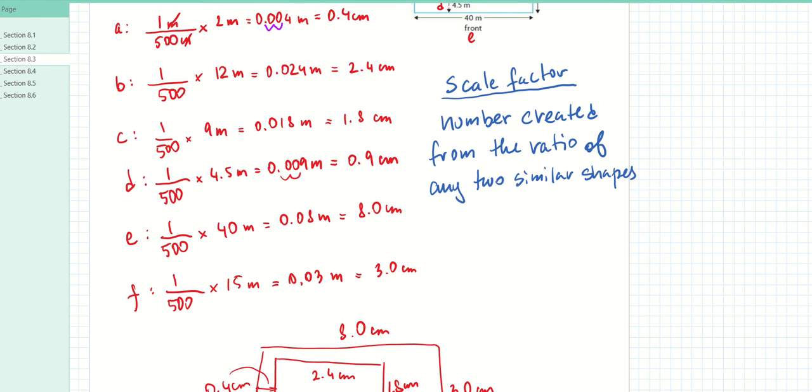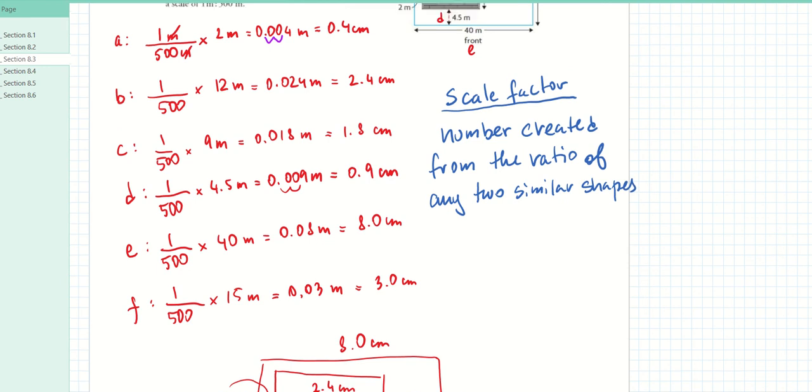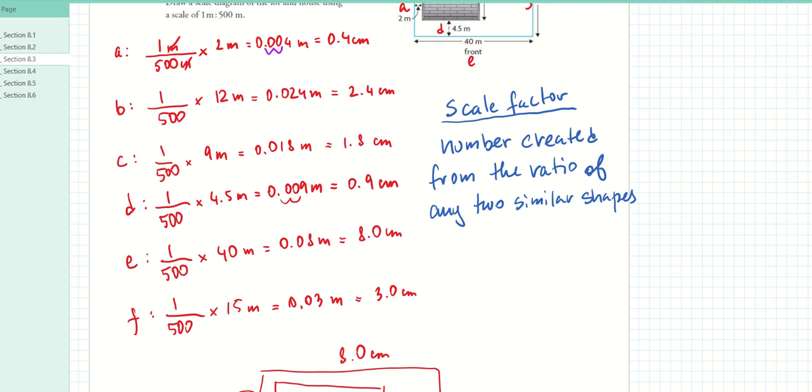So in this case, we're comparing the sides of whatever, either the house or the side of the whole lot. Maybe there's a fence around it. So similar shapes or objects, written as a fraction.